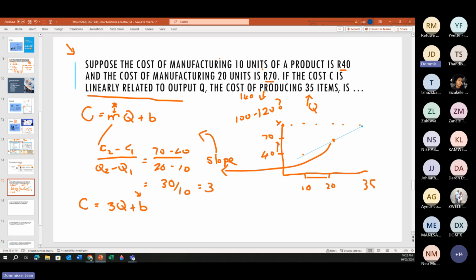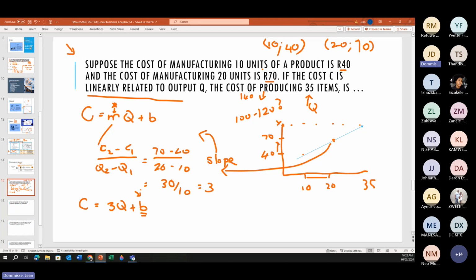We know that one set is 10 and 40, and the second set is 20 and 70. So we still need to calculate the B. If we already put in 35 for Q, C is unknown and B is still unknown.